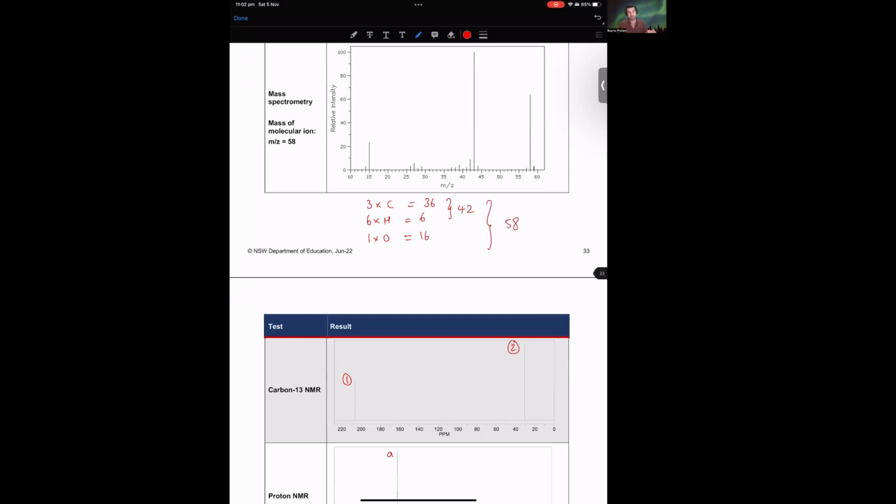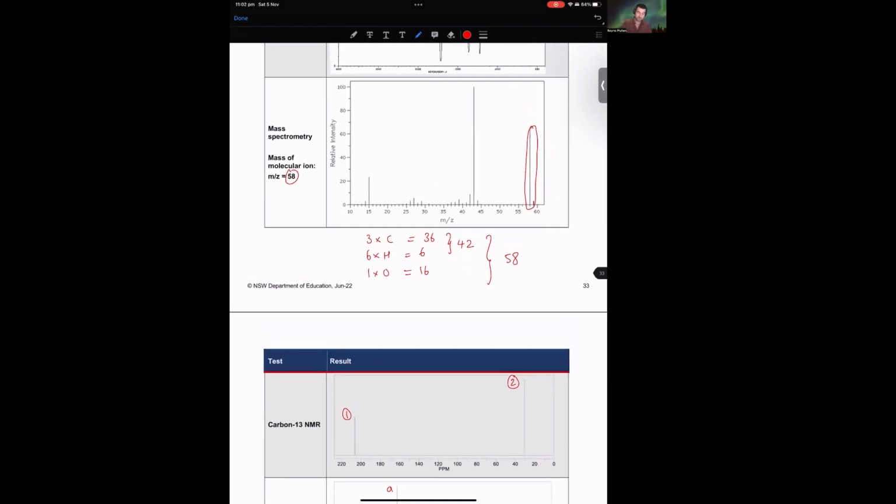In other examples, you might need to consider a symmetrical structure and double the number of carbons, but if we doubled the carbons here, we'd overshoot the mark with a mass that is too large. The addition of 1 oxygen perfectly hits the molecular ion peak we're looking for. That, coupled with the very deshielded peak 1 in the carbon NMR, tells me we probably have a ketone. Now we can confirm this.